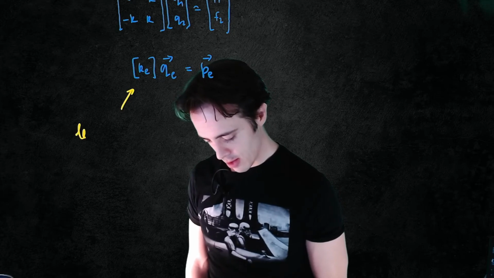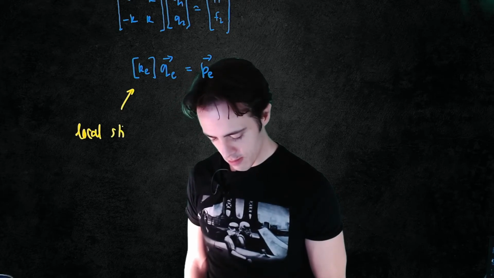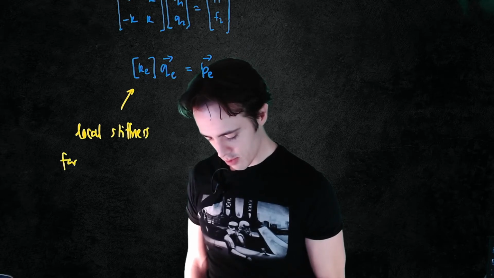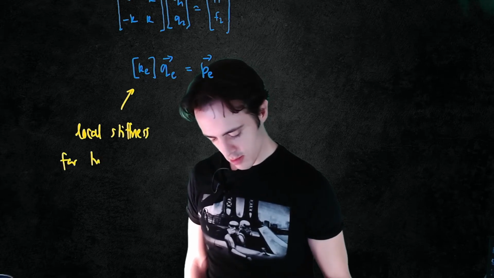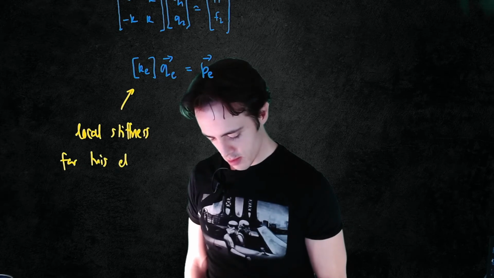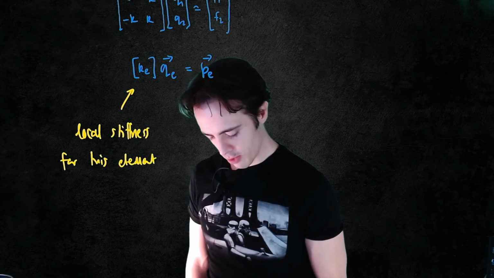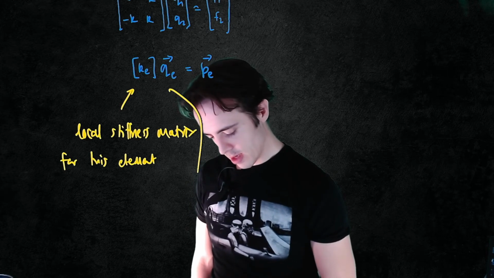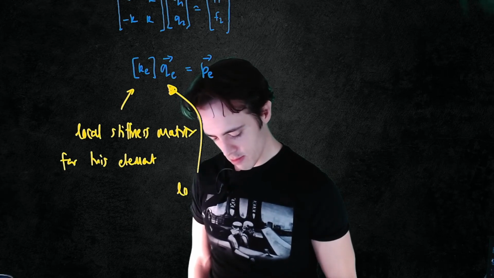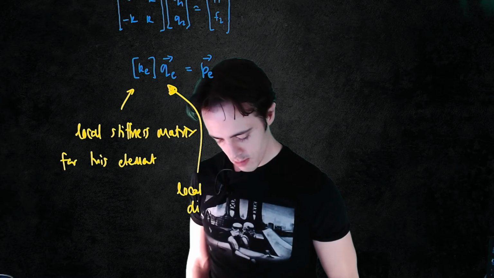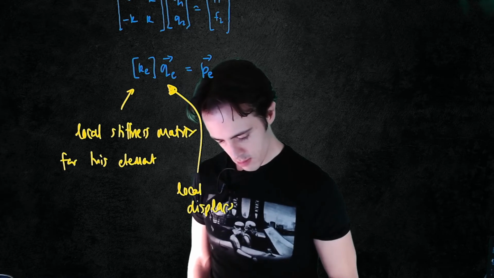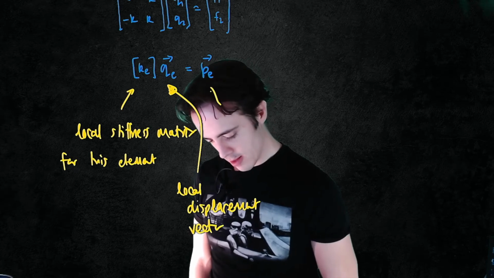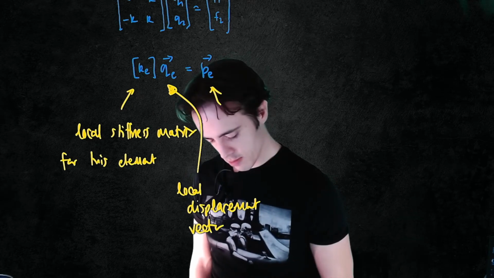This is the local stiffness, I should put local stiffness matrix really, for this element. This is then my local displacement vector. And then here, this is my local force vector.